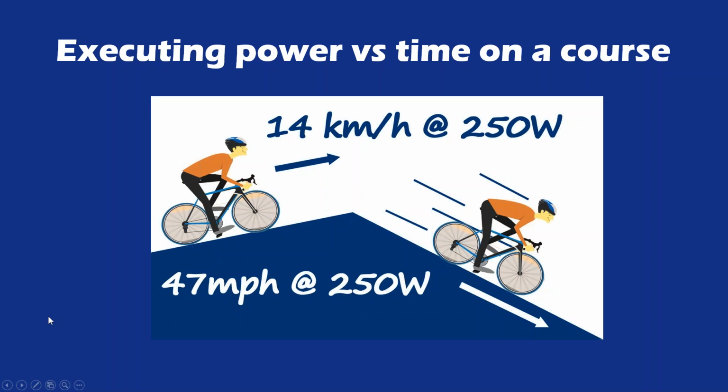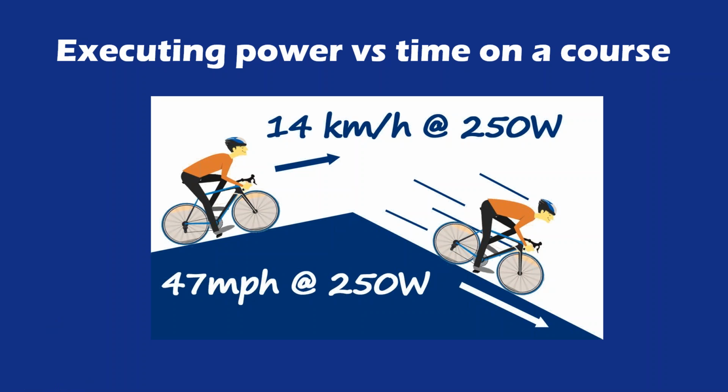My example here is if you're trying to execute the power versus time on a course, and in this case, I'm outside, and you're going along and the coach has told you 250 watts, and you happen to be on a hill, and you go 14 kilometers an hour at 250 watts.